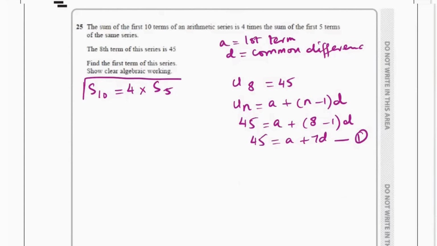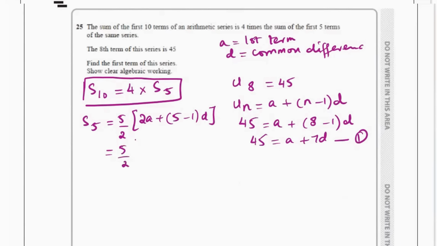Now let's use this information to create another equation in terms of A and D. So S5 is going to be 5 over 2 times 2A plus 5 minus 1 times D, since we're talking about the sum of the first 5 terms, so n is going to be 5.